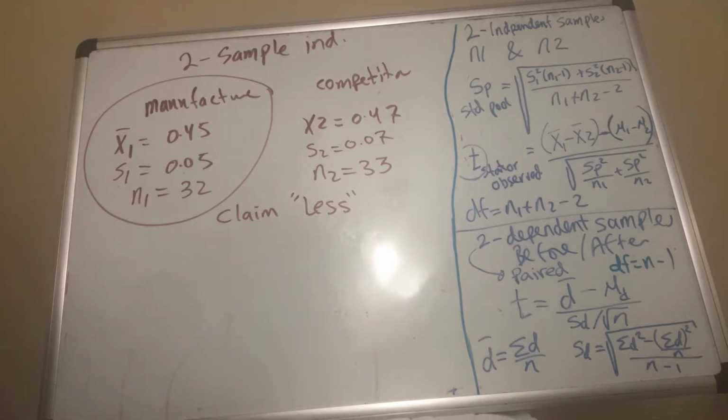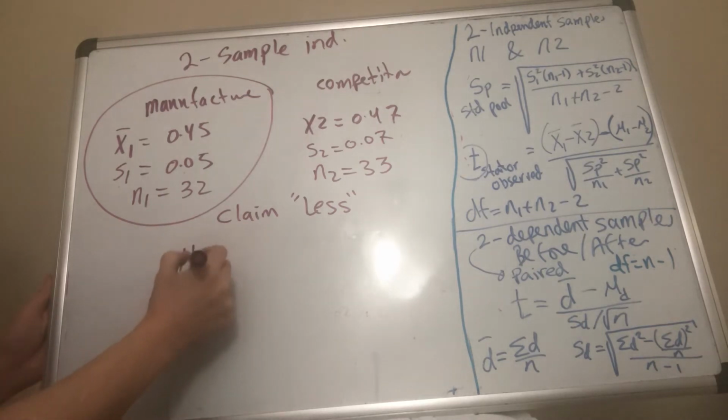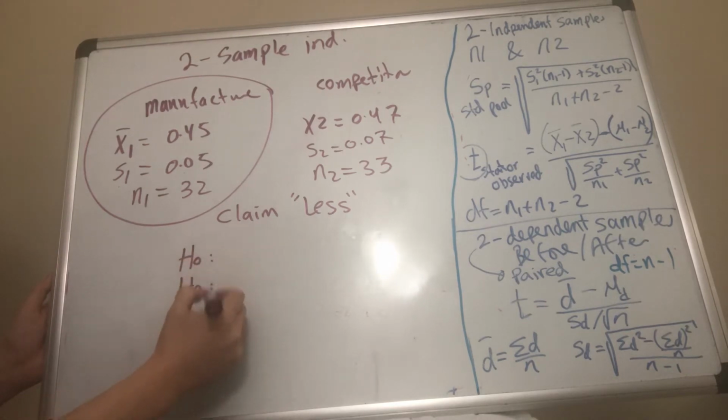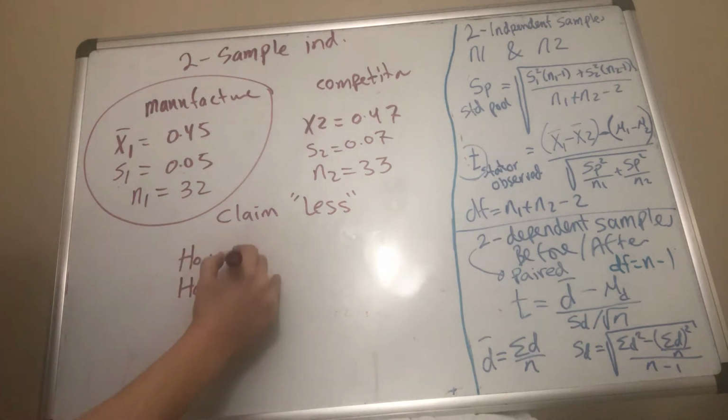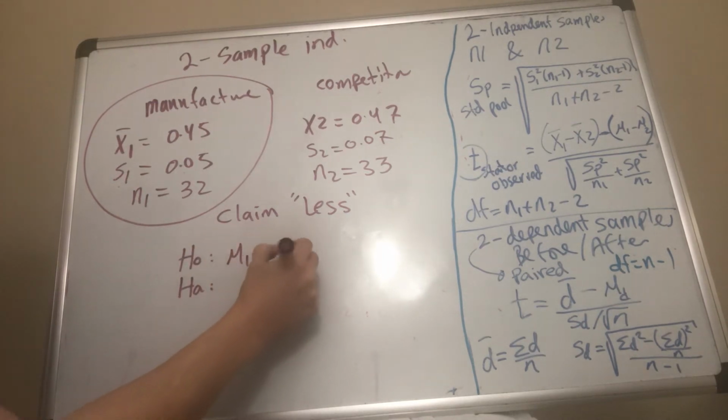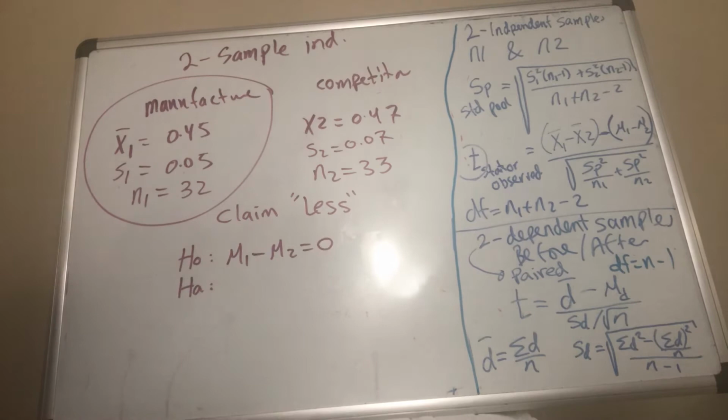So first, they want you to state the null hypothesis, H0, and the alternative. Now for a two-sample independent, the null hypothesis is always mu1 minus mu2 equals 0. And the alternative is whatever we're trying to prove.